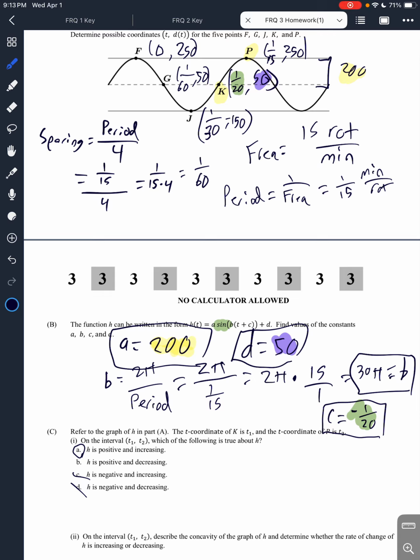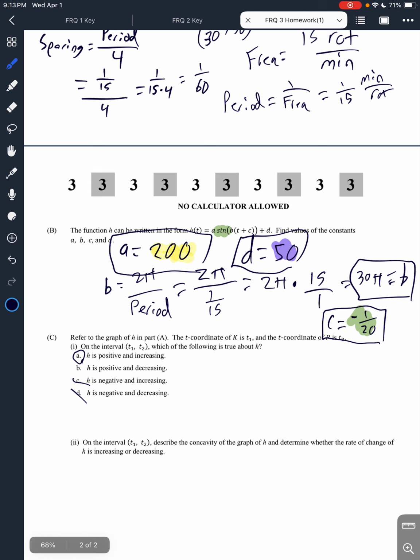From K to P, our graph is increasing, which means the rate of change is positive, but they don't ask anything about that here. The concavity, if we draw that line on the graph, that's concave down.